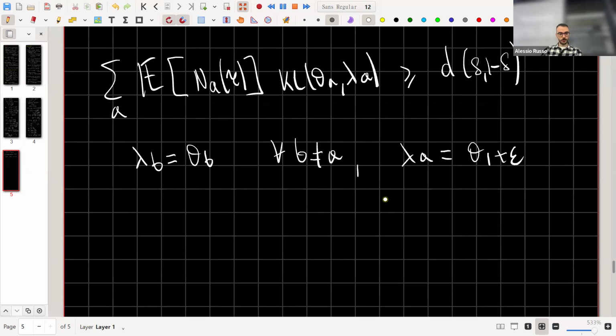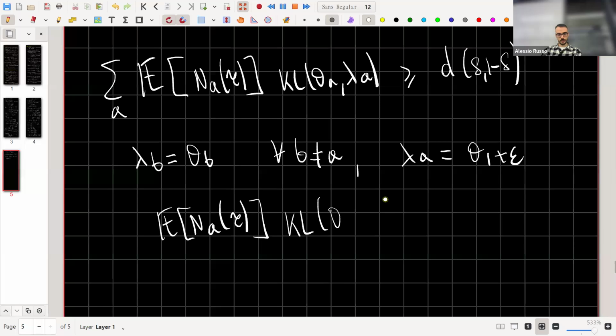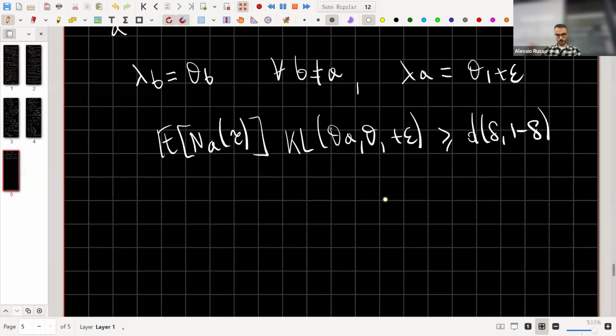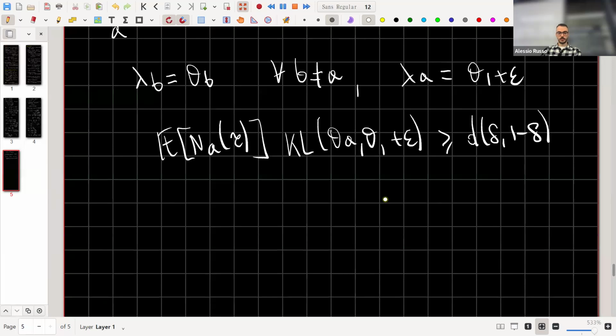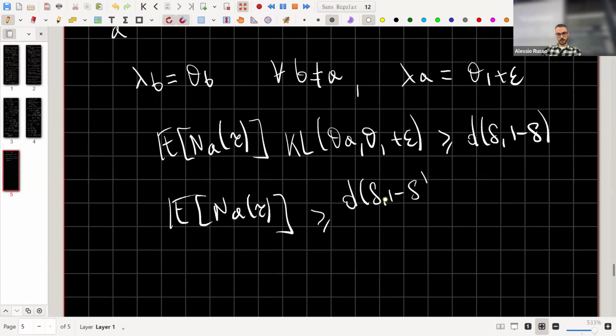So when we plug in this model, we get this inequality here, which is basically giving you a lower bound on the sample complexity of arm A. And since this holds for any strictly positive epsilon, you can let epsilon tend to 0.